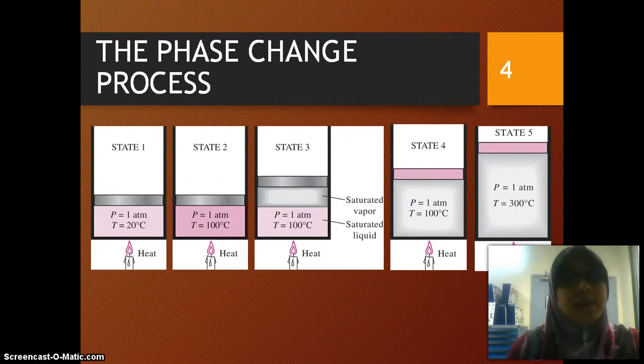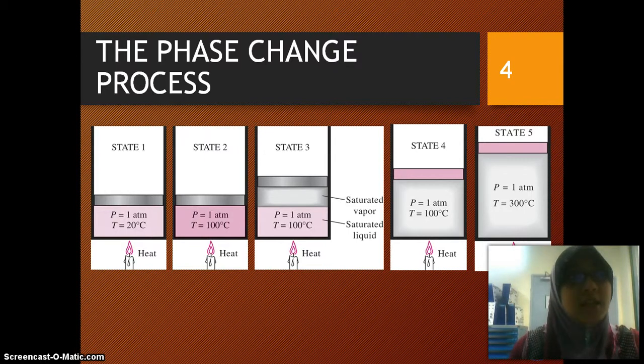Going to state 2, you can see here the pressure is still maintained at 1 atm, but the temperature already rises to 100 degrees Celsius, which is also the boiling point of water. Since heat is continuously being applied to our system, the temperature increases to 100 degrees Celsius, and any heat addition will cause liquid to vaporize.